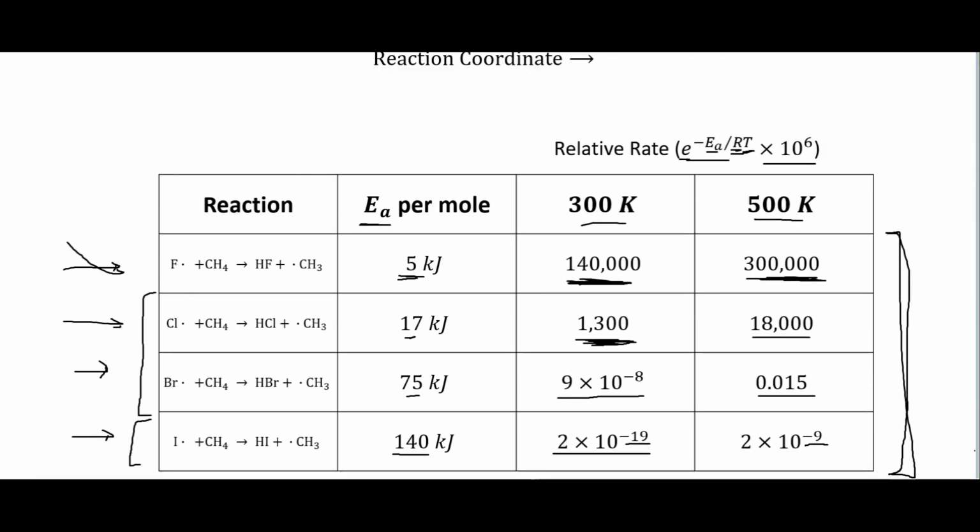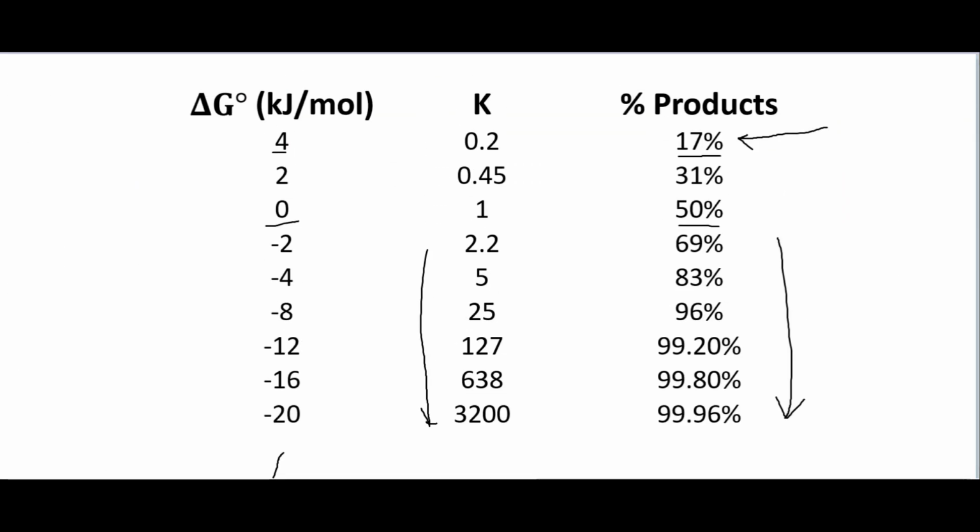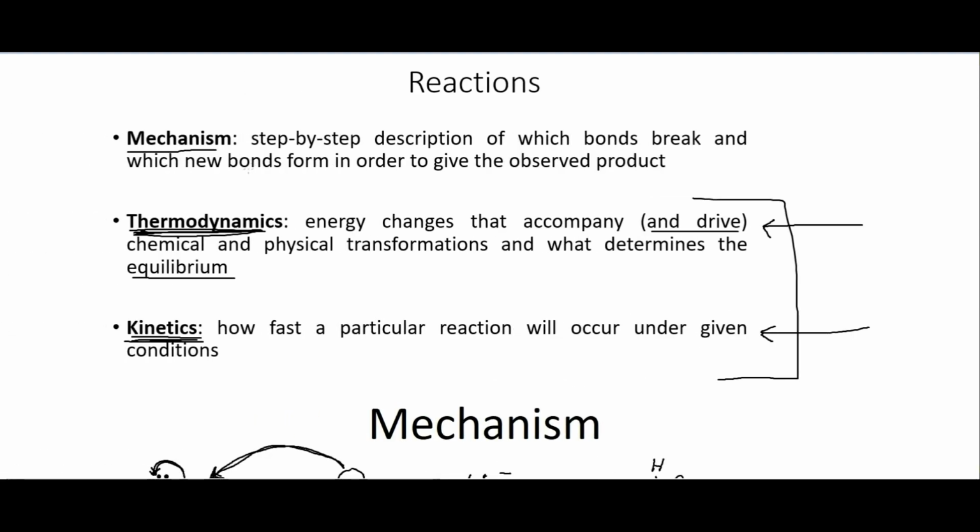kinetics there. And so again, just summing up, the things we looked at in this video are the mechanism, the thermodynamics, and the kinetics. So the mechanism is just the step-by-step arrow pushing process of what the electrons are actually doing, where they're going, what bonds are breaking, what bonds are forming.